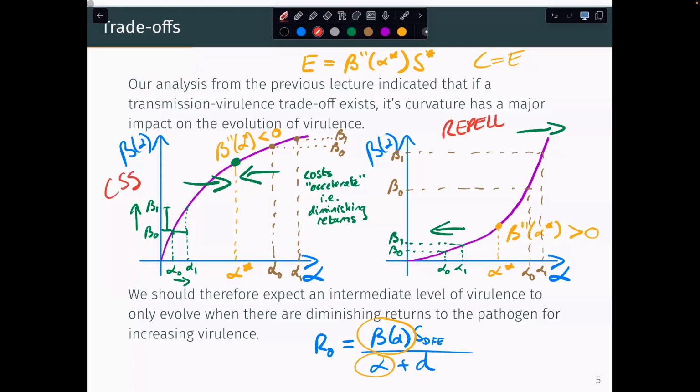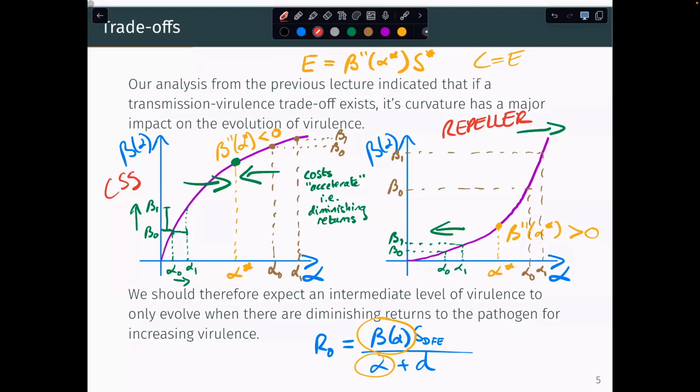So you can see that the shape of the trade-off can have a really big impact on the qualitative outcome you expect to get. In fact, it doesn't matter how much the curvature is accelerating here. It just matters that it is accelerating.